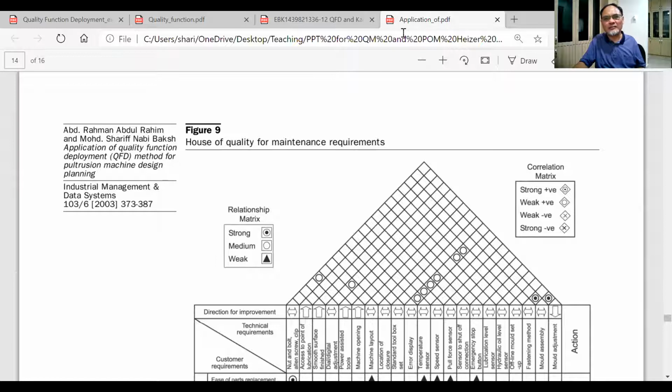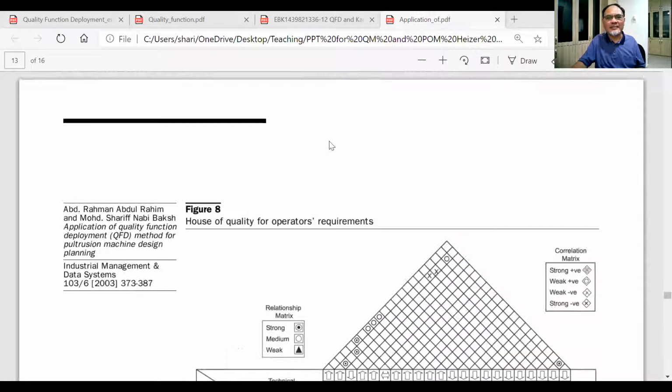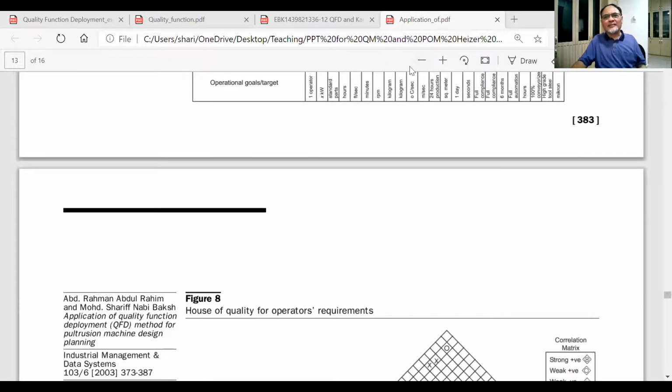So you can look at different ones. Let me see. Okay. Right. I think you get the idea. You get the idea of how to construct QFD.